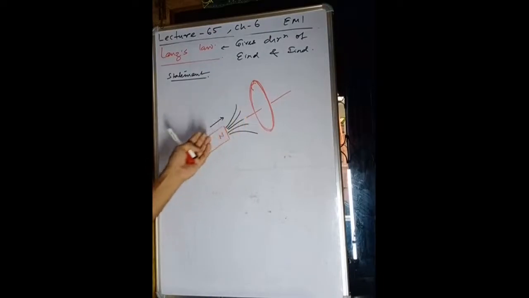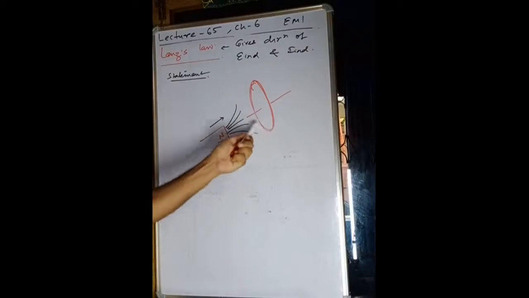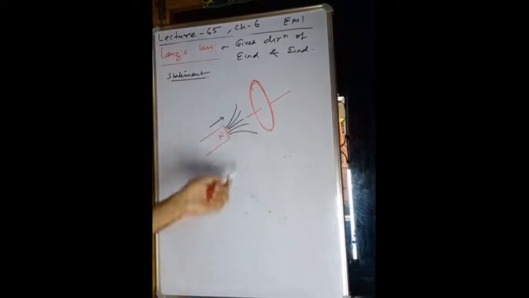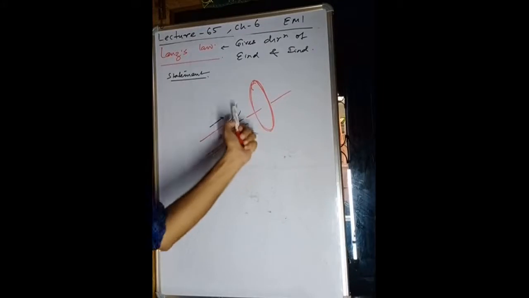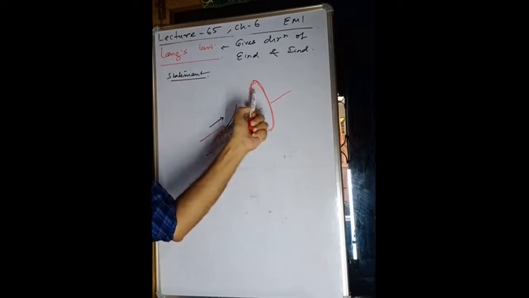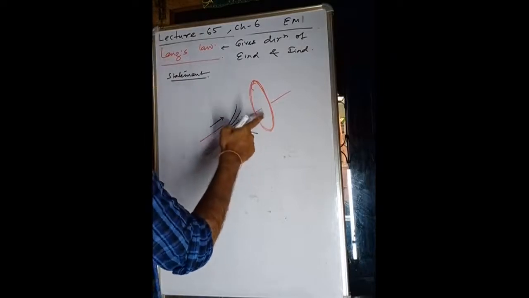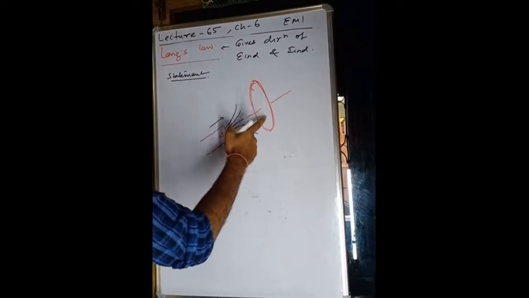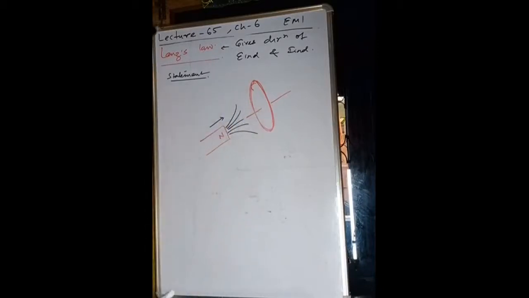Due to the motion of this magnet towards the coil, there will be a change in flux in this coil, and EMF will be induced in this coil. Due to that EMF, a current is induced in this coil in such a way that it will start opposing this magnet.